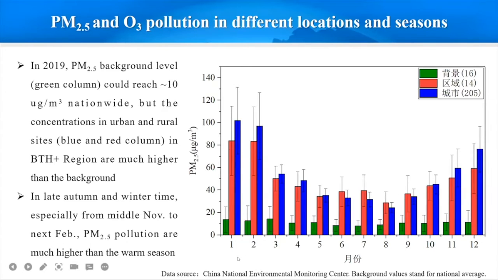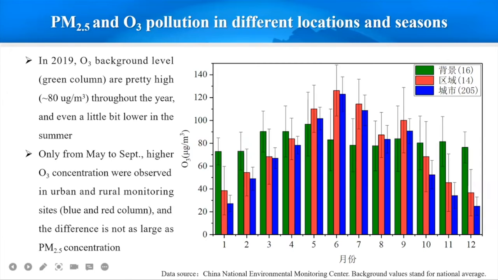This is for PM2.5. But for ozone, it's another story. We can see that for ozone in 2019, the ozone background level, also the green column, is pretty high. It's around 80 microgram per cubic meter throughout the year. For the whole year, the ozone background level stays at a very high concentration.